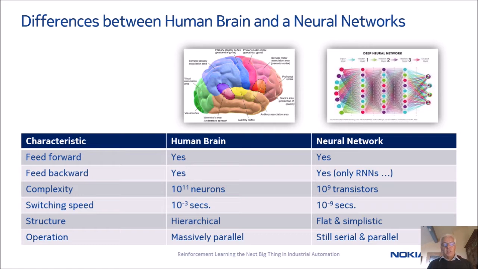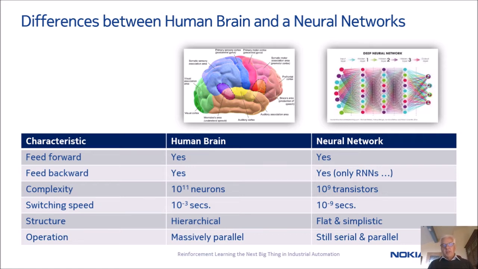Also, the complexity is much different. We have by far more neurons in our brain than we are able to implement in a neural network today. Interesting is also to compare the switching speeds. And here the big surprise is that our brain is even slower in switching speed than neural networks on modern computers today.